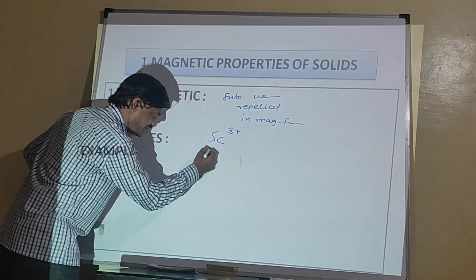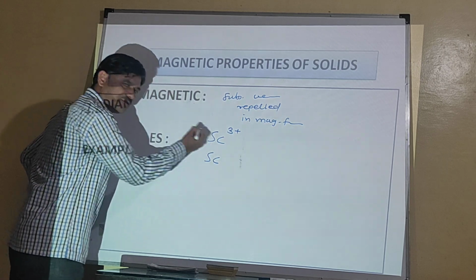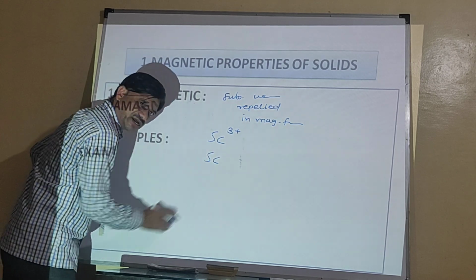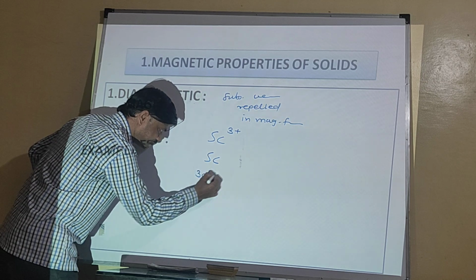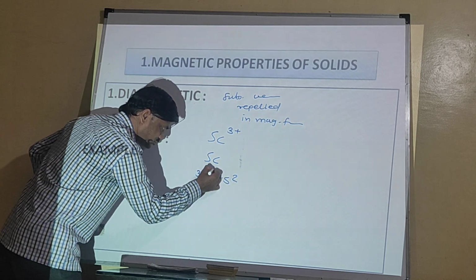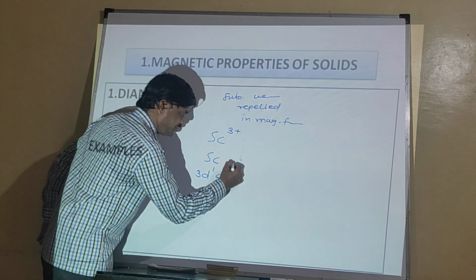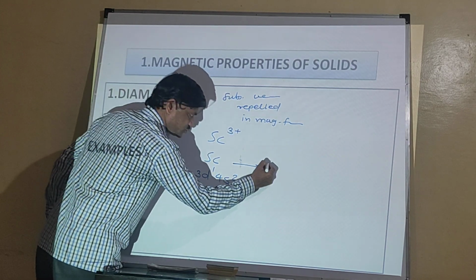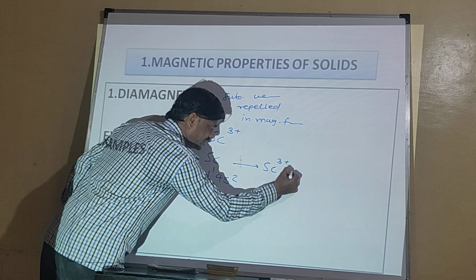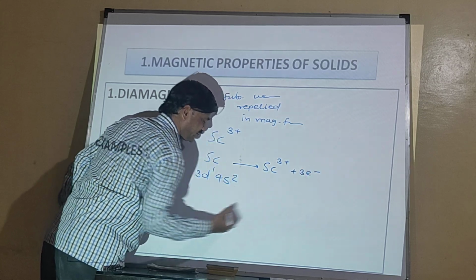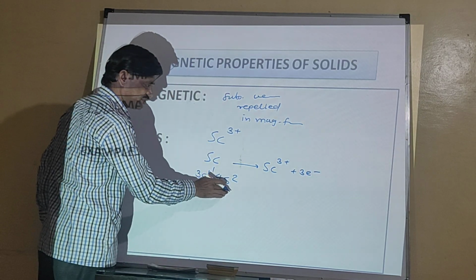Can you tell me how to explain the diamagnetic property of scandium? It is a d block element. Scandium has atomic number 21, so we can write argon 4s2 3d1: 18 plus 2 is 20, plus 1 is 21. What is the charge given here? Plus 3. So in order to form scandium plus 3 ion, there is loss of 3 electrons. So all these electrons get lost.